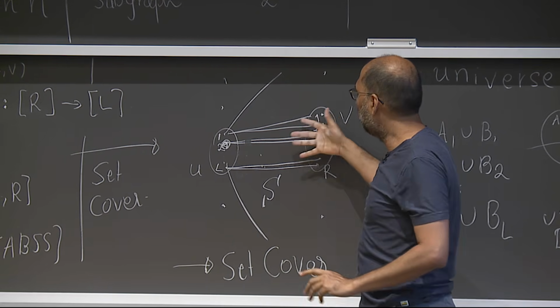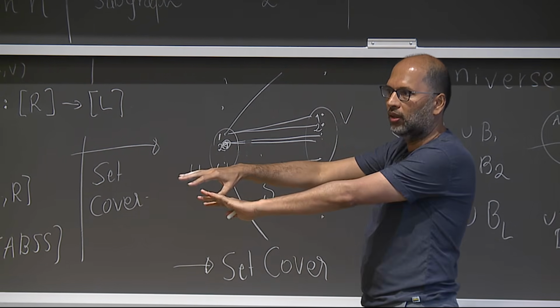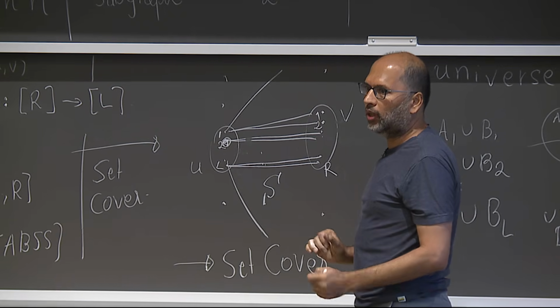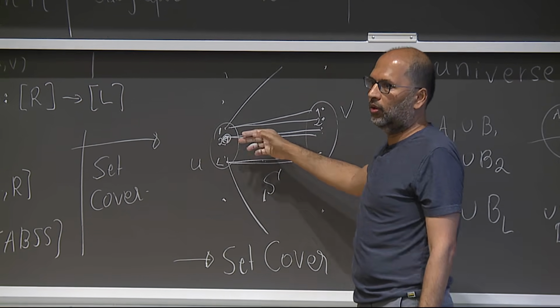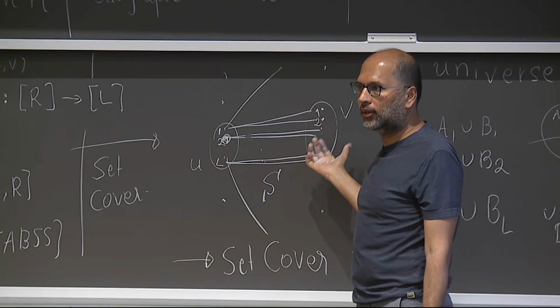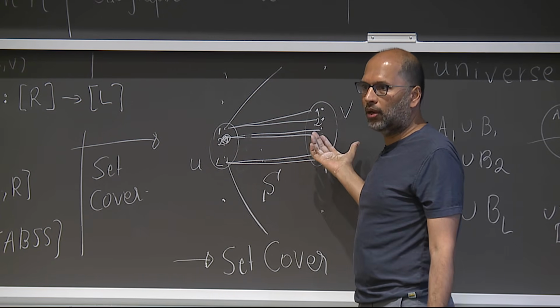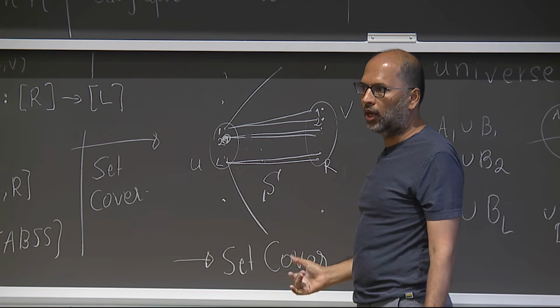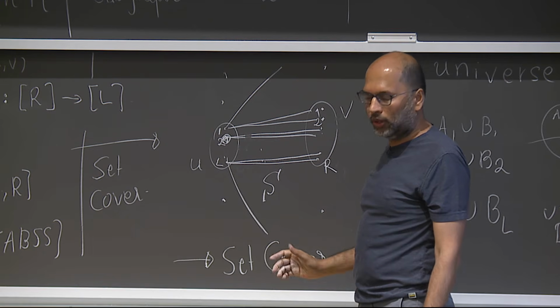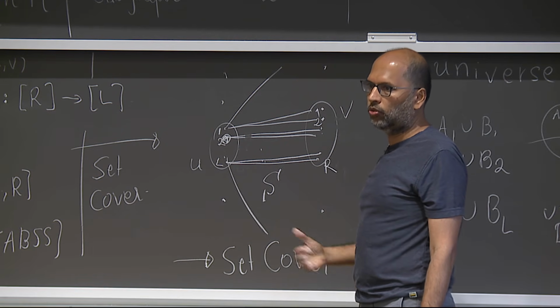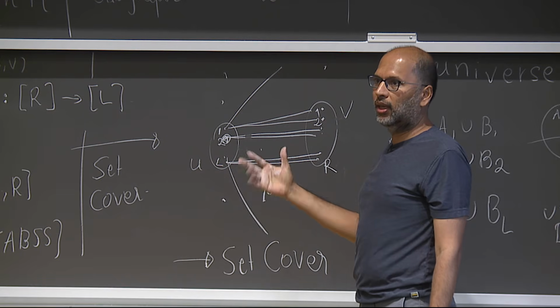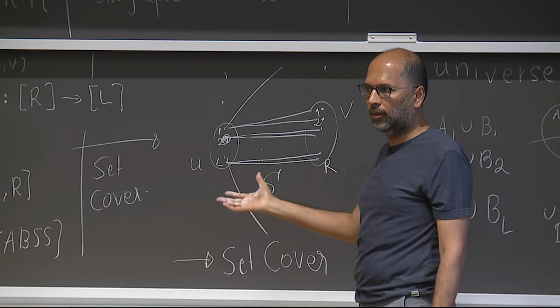In reality, these maps are many, many to 1. On the other hand, if you insist on a 2 to 1 map, it wasn't clear until very recently whether such label cover instances would be NP-hard. But this we did manage to do in 2018. And that's what is referred to as the 2 to 2 games conjecture, or theorem.